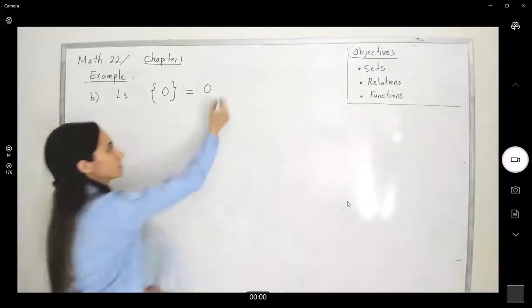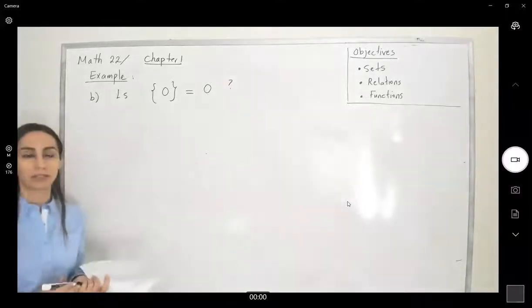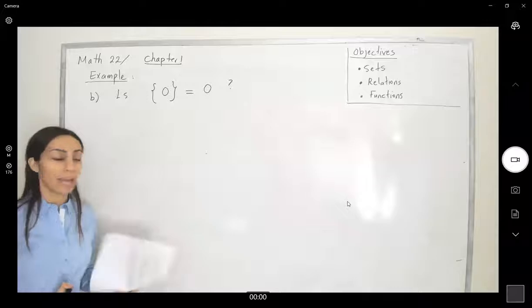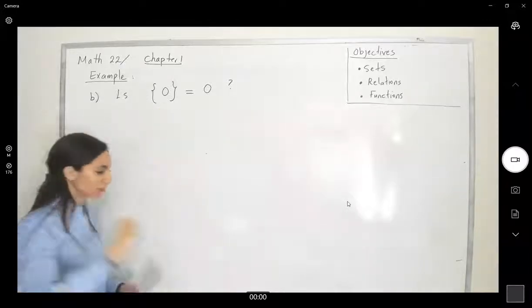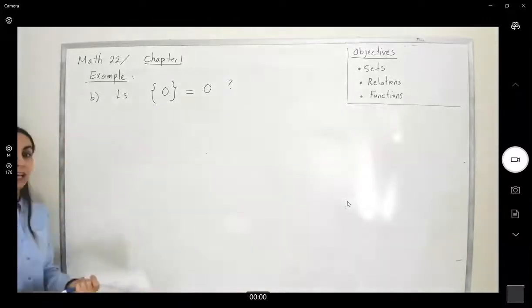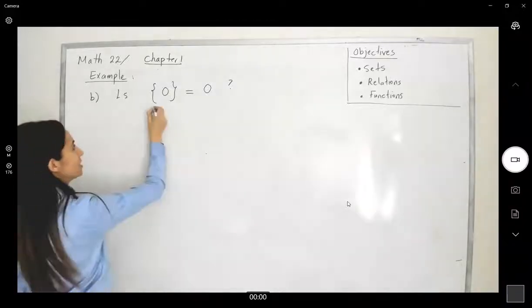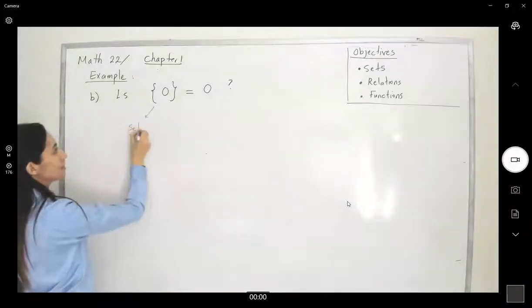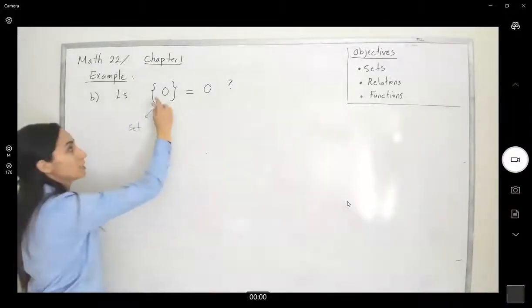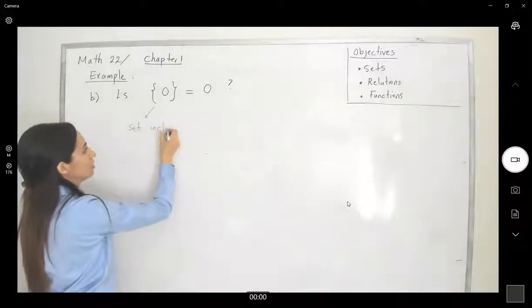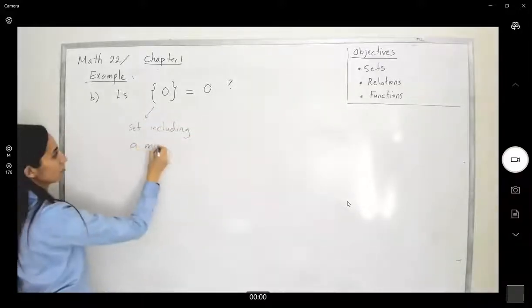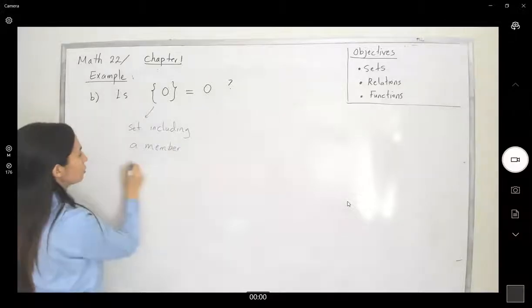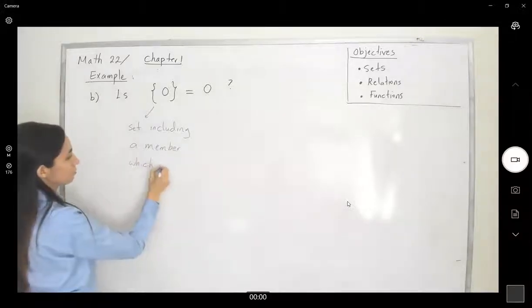Let us analyze this. What's going on here? What entity do we have on the left? What entity do we have on the right-hand side? On the left-hand side, we have a set including a member which is 0.